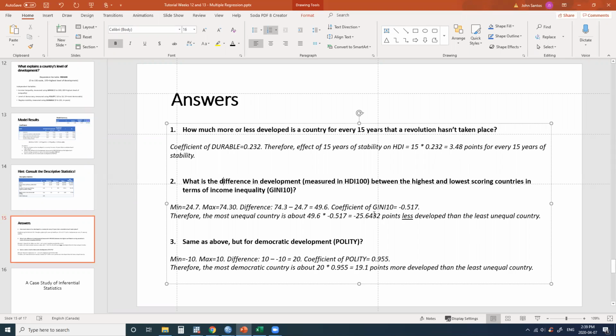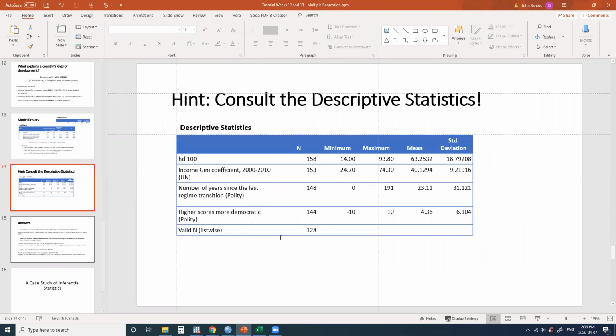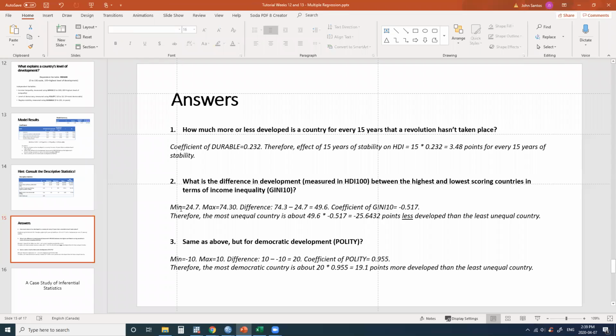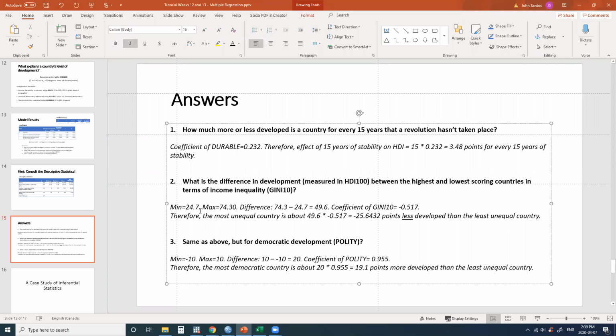So what is the difference in development, measured in HDI 100, between the highest and lowest scoring countries in terms of income inequality? Going back to our summary statistics, we know that the minimum Gini score is 24.7 and the maximum is 74.3. The difference between the minimum and maximum is 49.6, and the coefficient of Gini is -0.517.